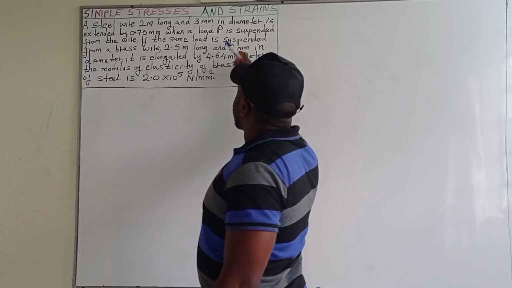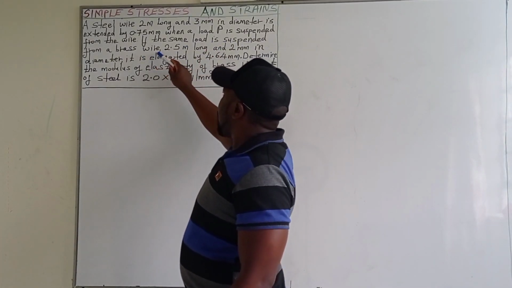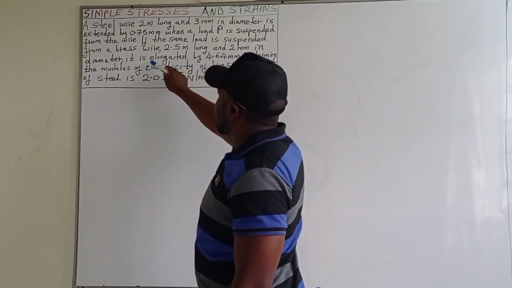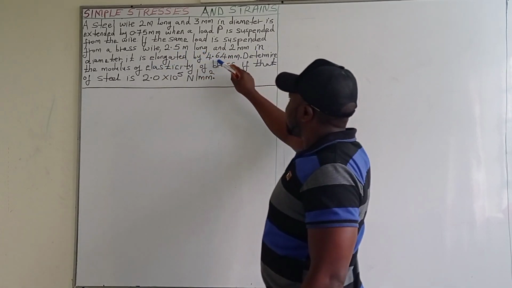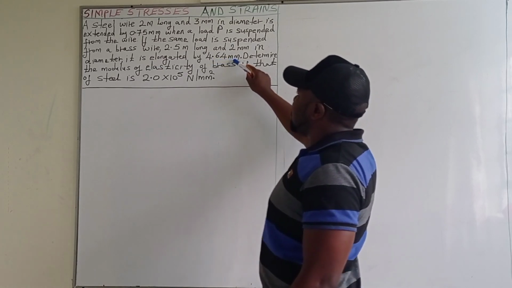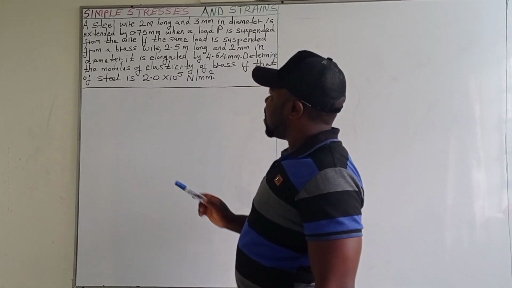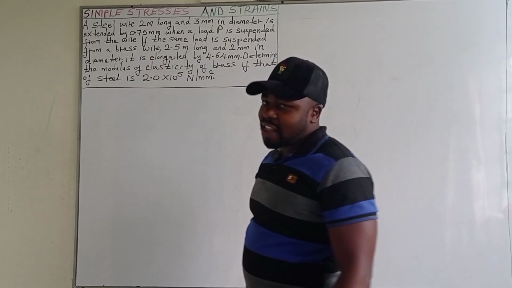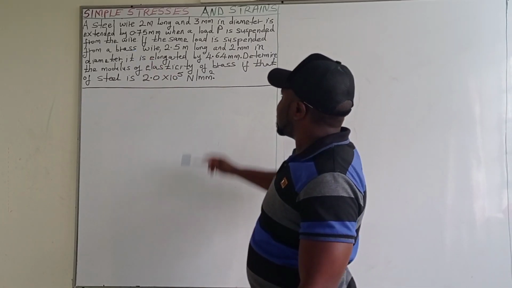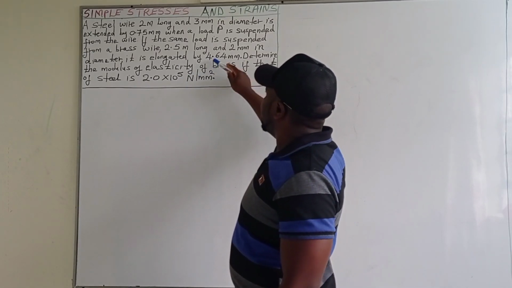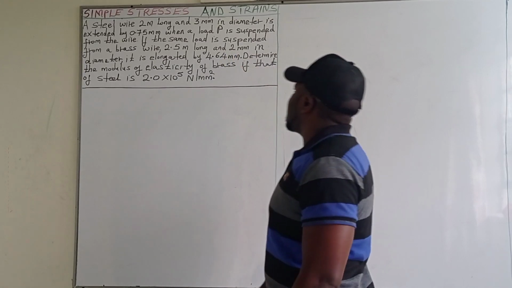If the same load is suspended from a brass wire 2.5 meters long and 2 millimeters in diameter, it is elongated by 4.64 millimeters.